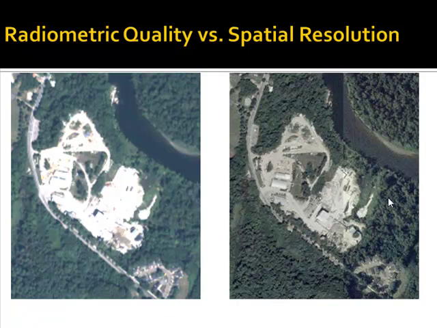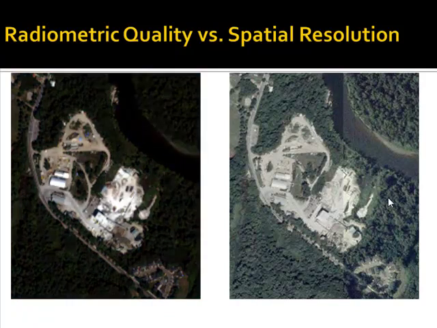However, the QuickBird imagery has a radiometric resolution of 11 bits compared to the digital orthophotograph at 8 bits. What this means is that we can apply stretch procedures to the QuickBird imagery to help us see more information within those pixels.